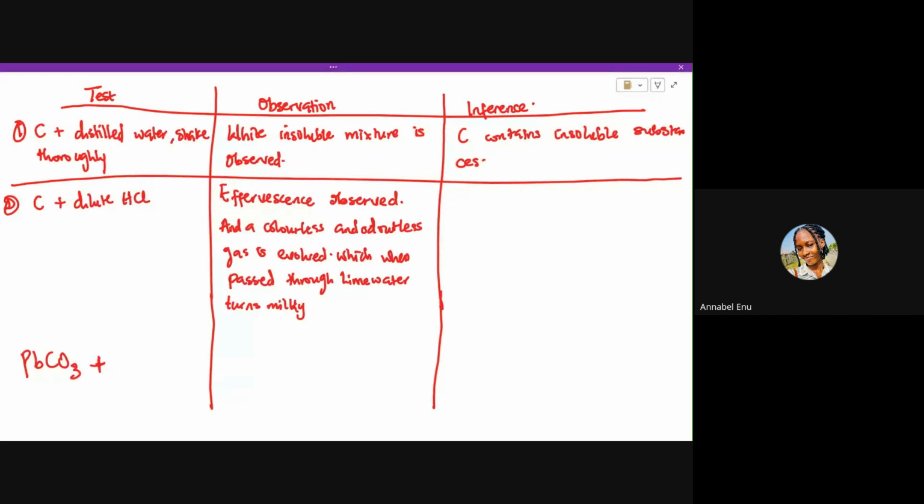We are talking about its reaction specifically now, not the starch. If our lead 2 carbonate is reacting with HCl, right?